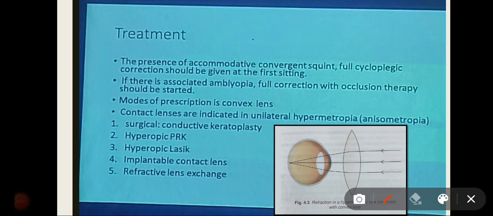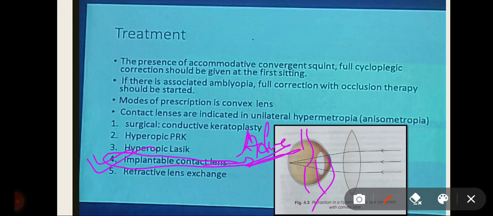Before refractive implantable contact lenses, guys, I have to discuss contact lenses. The advantages of contact lenses over spectacles include less magnification of the image, elimination of aberrations and prismatic effects of thick glasses.